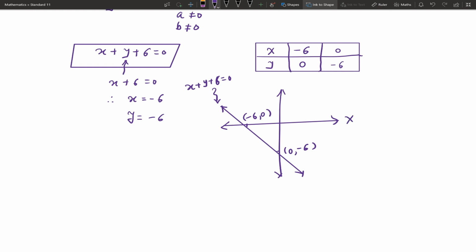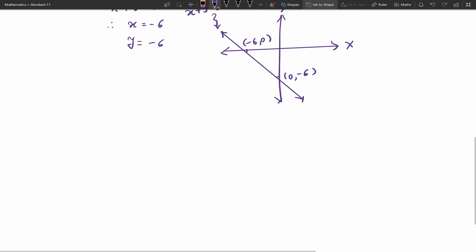You can select any two arbitrary points of the line. It is not necessary that we always take points on the axes, but for simplicity we will take points on the axes. So this is the method of how to draw the line.